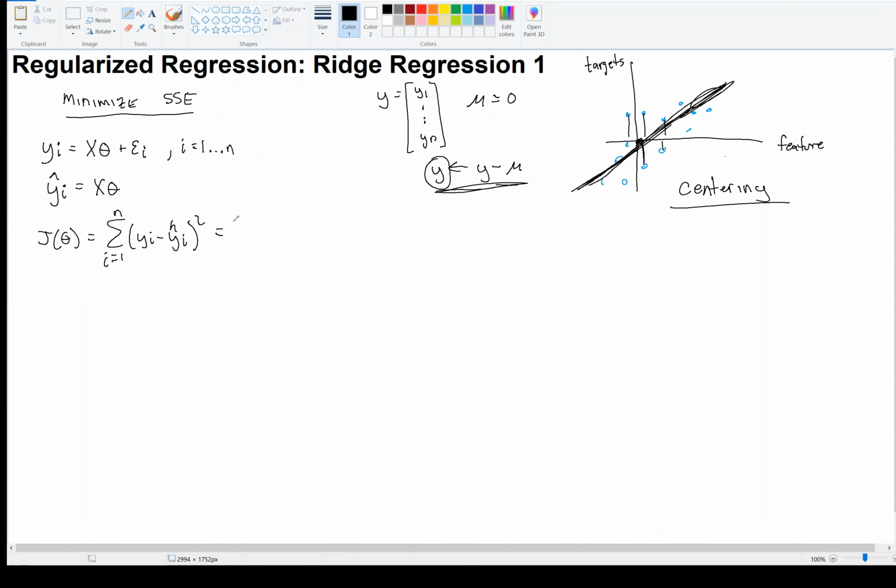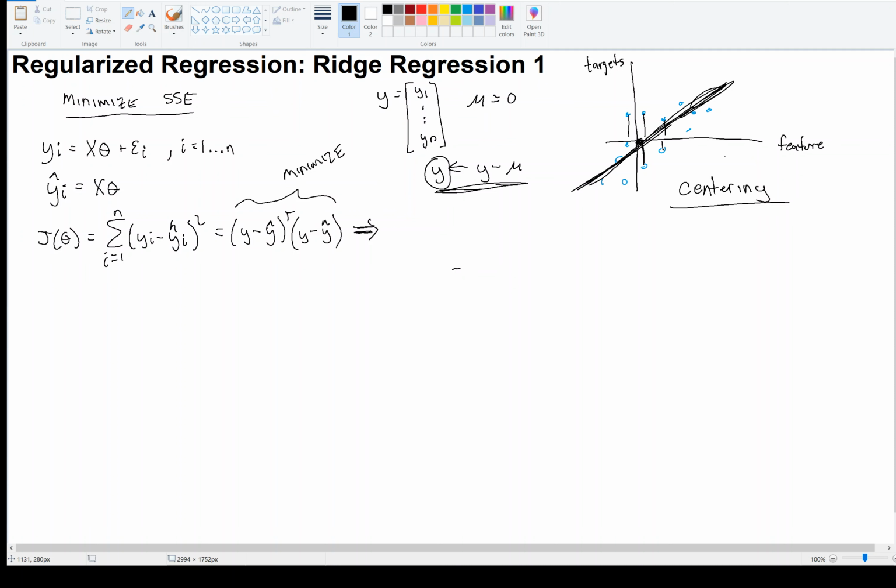We could write that in vector form as y minus y hat, where y hat is the collection of all our predictions and y is the collection of all the actuals, transpose, times y minus y hat. We worked out the gory mathematical details when we talked about linear regression, and we said we could solve this in two ways. Remember, we're trying to minimize this thing. We could use gradient descent, or we could use ordinary least squares.